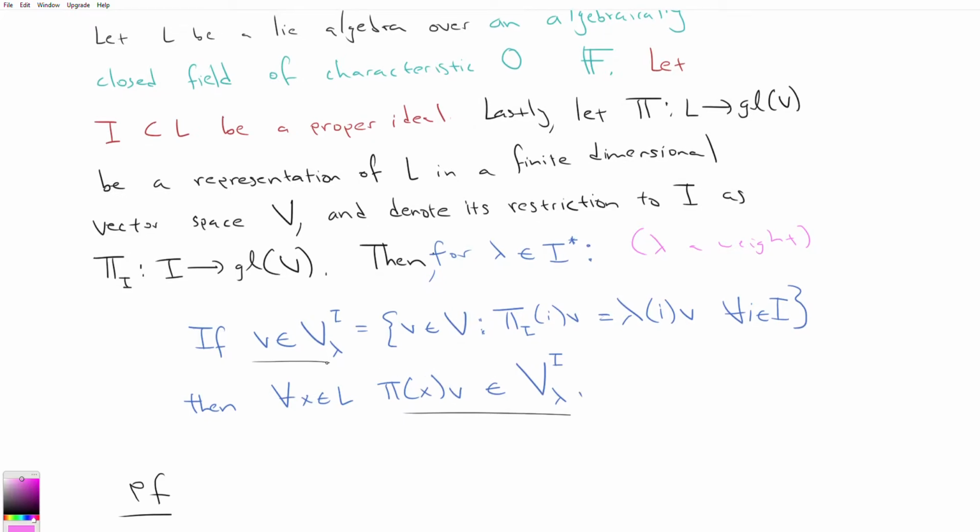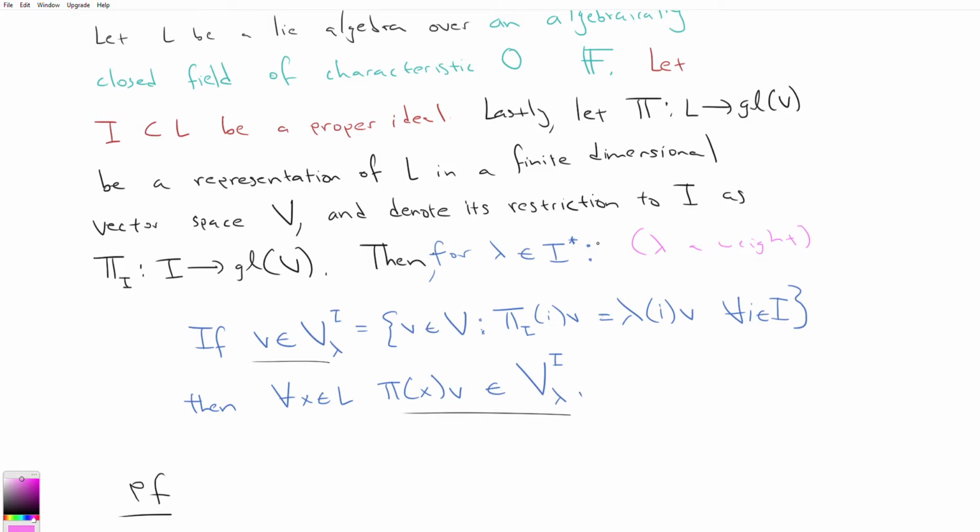If v is an element of V sub lambda of I, where V sub lambda of I, and not V sub lambda of L, is defined using the restricted representation, this weight space, then for all x in L, pi of x acting on v is also an element of the weight space. So what we're saying is that you give me a weight with respect to the restriction of the representation, and then I get a weight space, and then if you give me any x in the Lie algebra, it acts on the weight space, and you stay in the weight space.